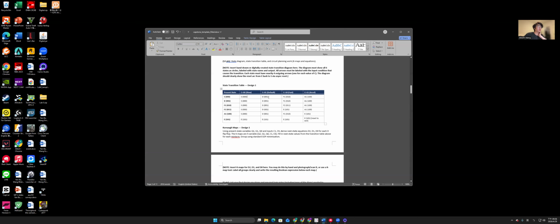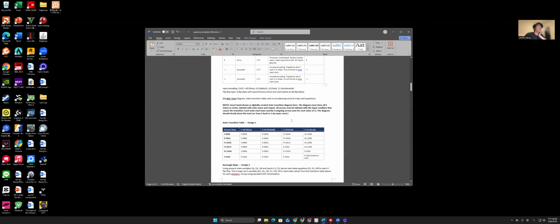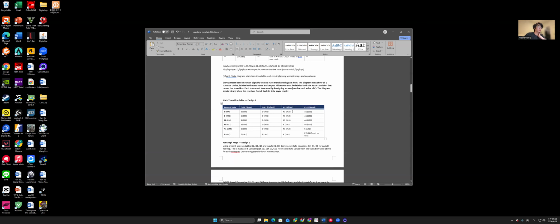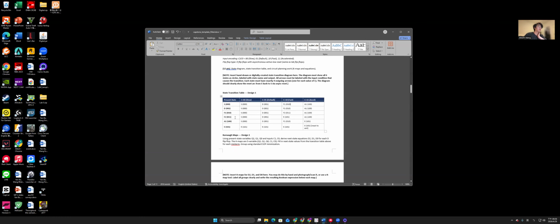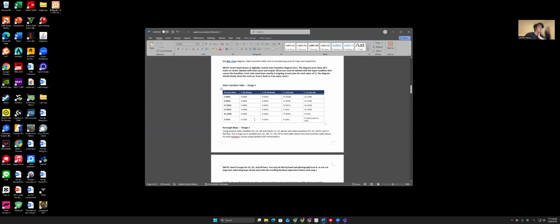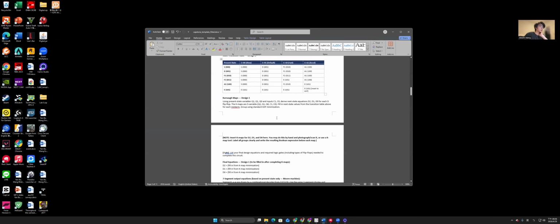When C equals 1, it becomes 001, which is D. C equals 10 goes to 010, which is F1, and C equals 11 goes to A1, 100, and so on. It's basically the same thing.